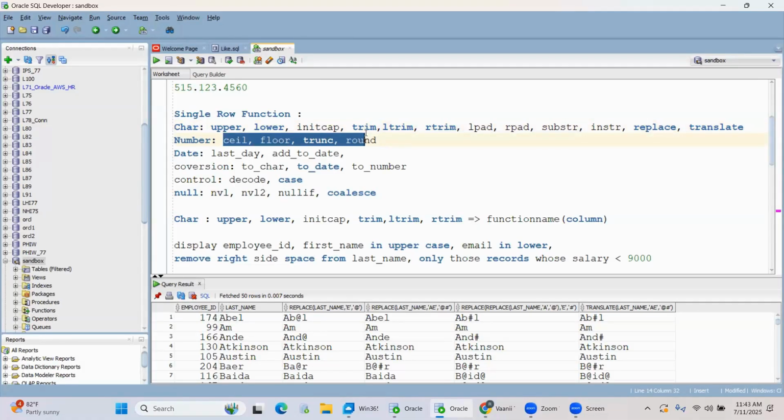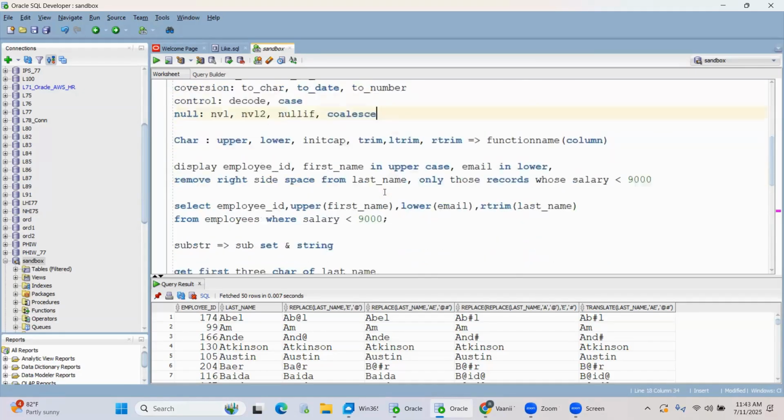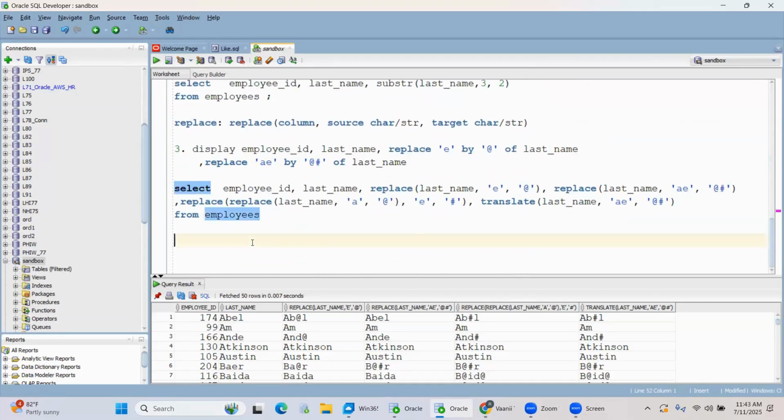Then we'll jump to the last day, and here we'll do one conversion function, and I will show you DECODE, NVL and COALESCE. Since we have like half an hour left, let me just quickly start.